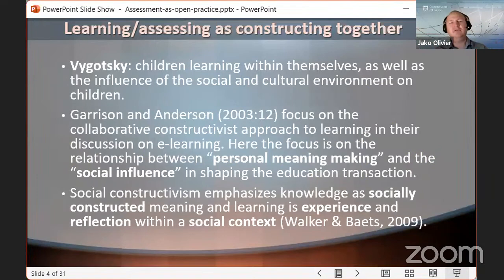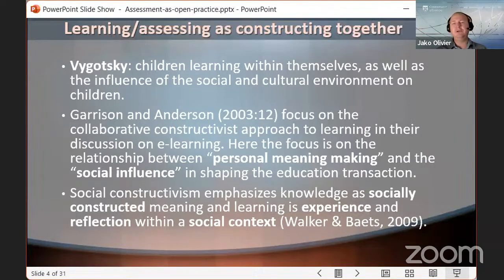Now, this is not something new. If you look at the work of Vygotsky, he already noted how children learn through that social interaction and how social and cultural aspects play into the learning process. Garrison and Anderson, they specifically talked about this personal meaning making or the social influence.